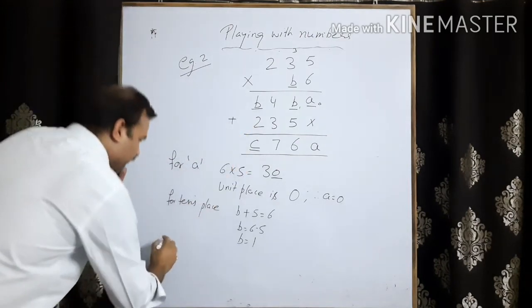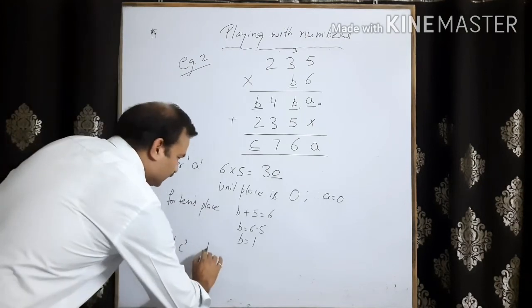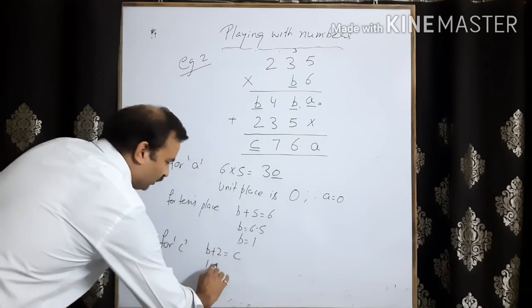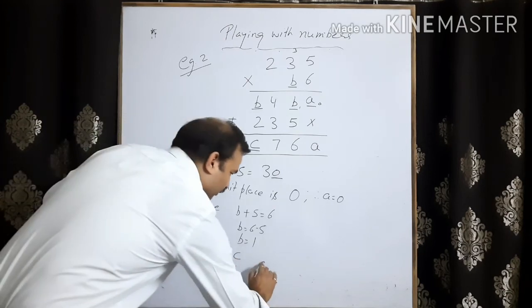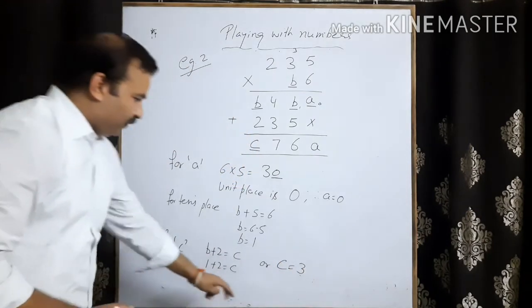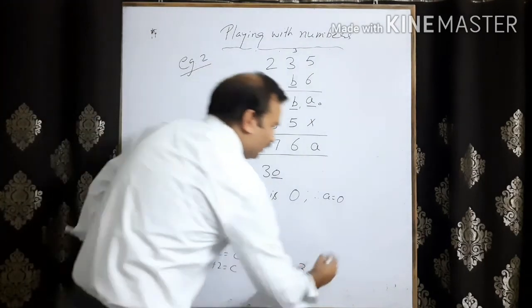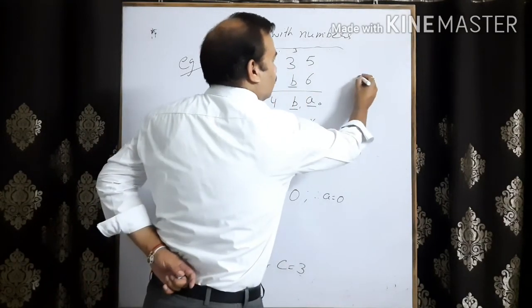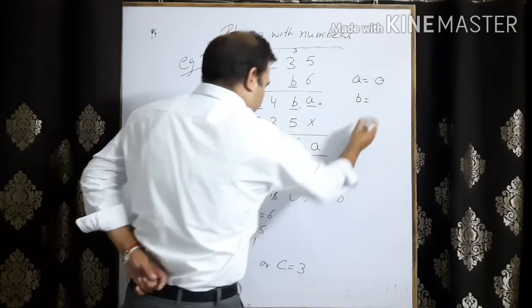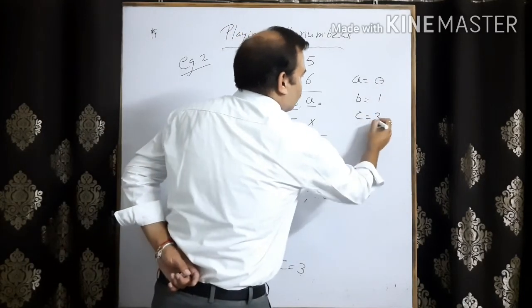So this is for C. For the alphabet C, we have B plus 2 is equal to C. Putting B equal to 1, 1 plus 2 is equal to C, or we can write that C is equal to 3. So we can replace C by 3. So we get all the values: A is equal to 0, B is equal to 1 and C is equal to 3.